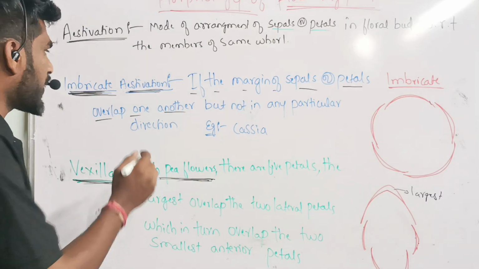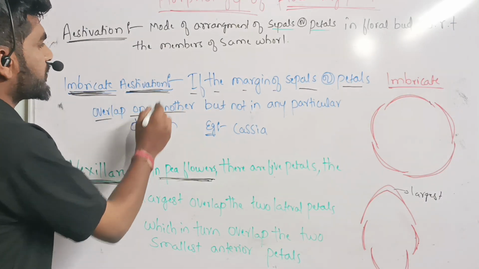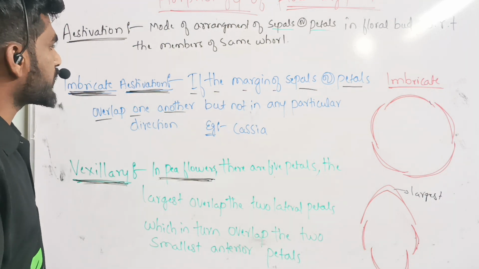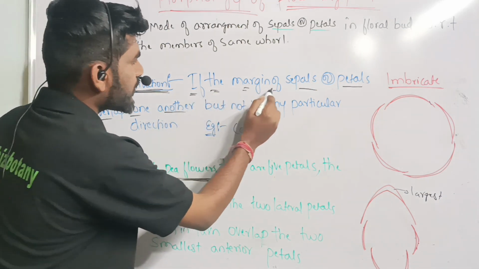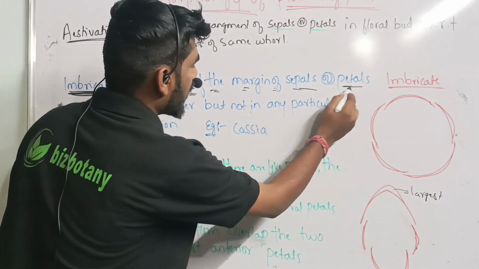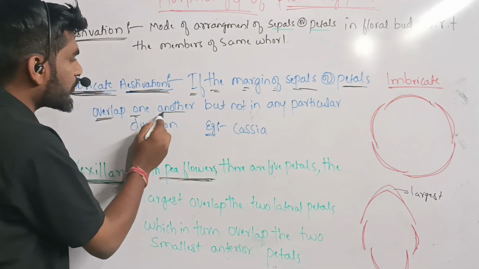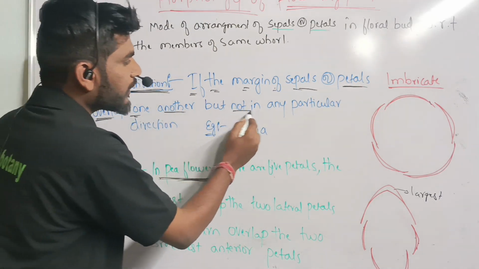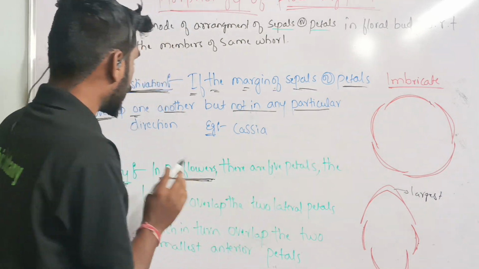Third type of aestivation is imbricate aestivation. What happens in imbricate aestivation? The margins of sepals or petals overlap one another but not in any particular direction.